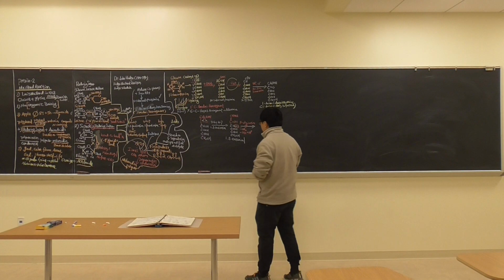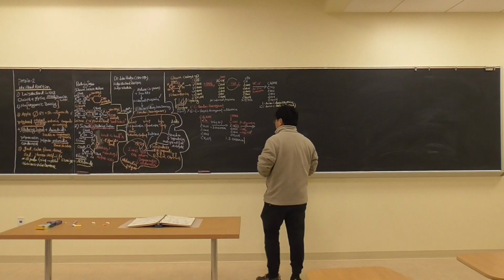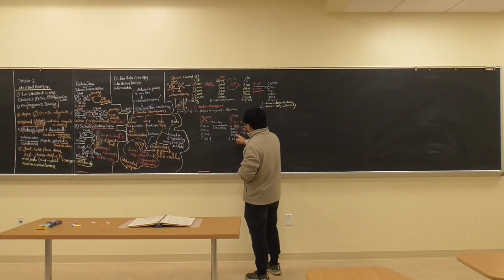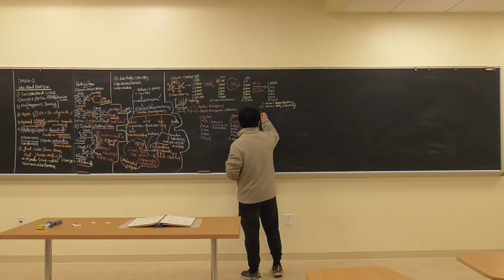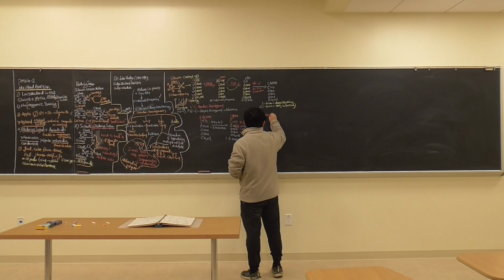So what does it look like when this is gone? Obviously this becomes a double bond. Is that right? So what is it going to look like? CH double bond, or NH.